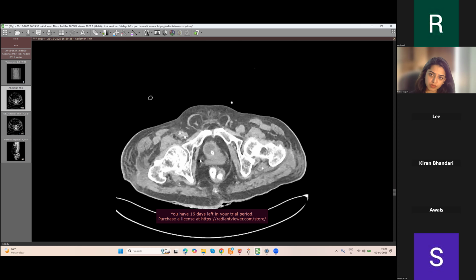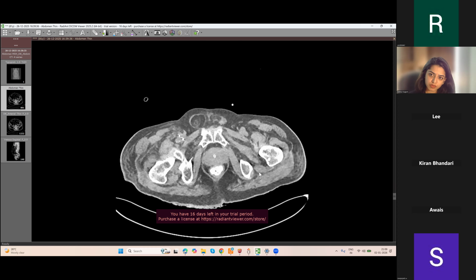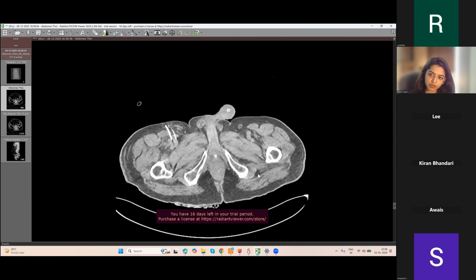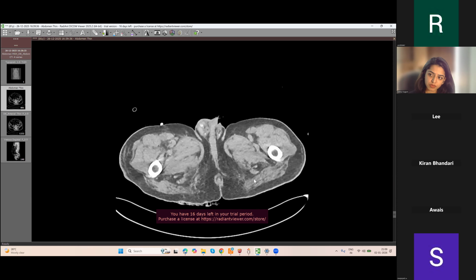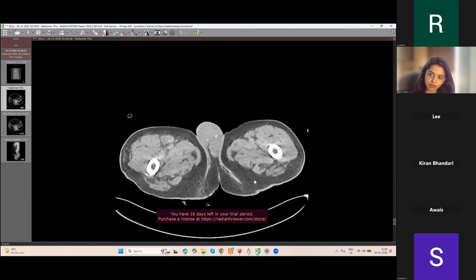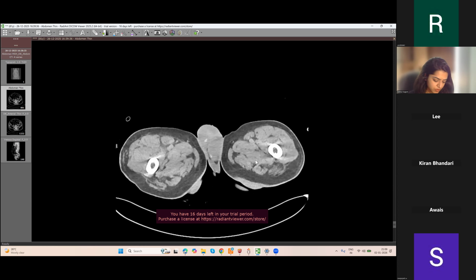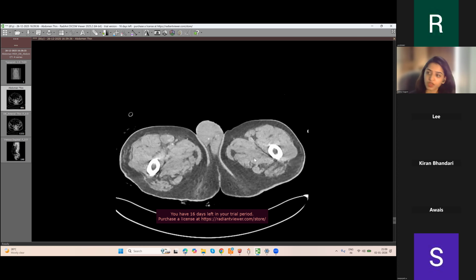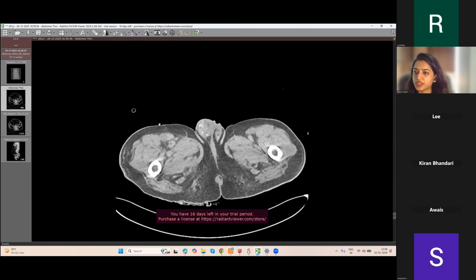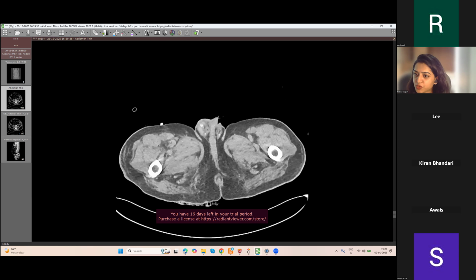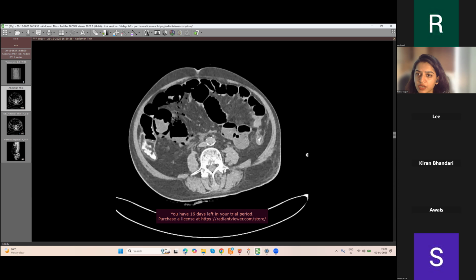I'm trying to look for the cause of it. There is no evidence of any obturator hernia. I'm sorry, the scrolling is taking a bit of time. Sure, I can drive you back to the top. Is that what you want? Just leave the mouse. Yeah, that would be great.